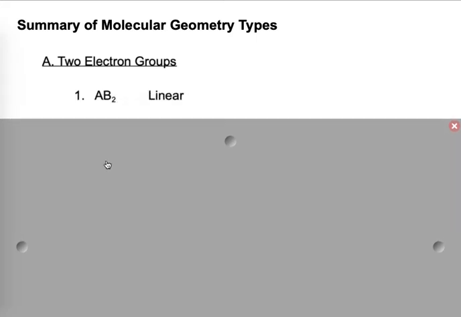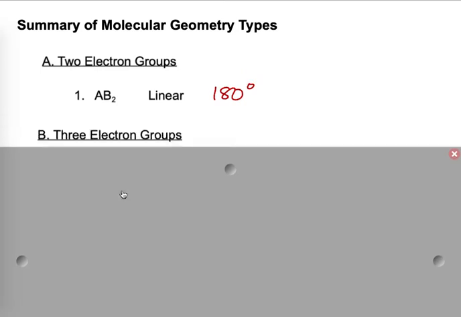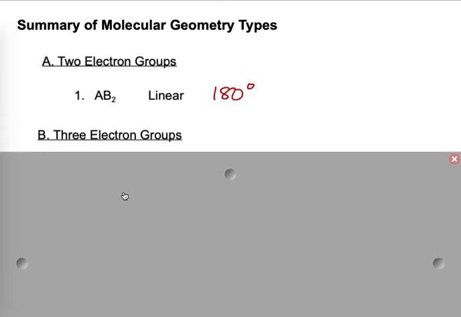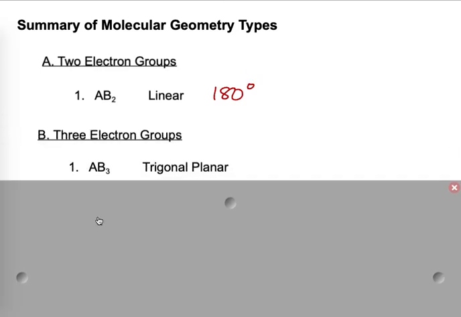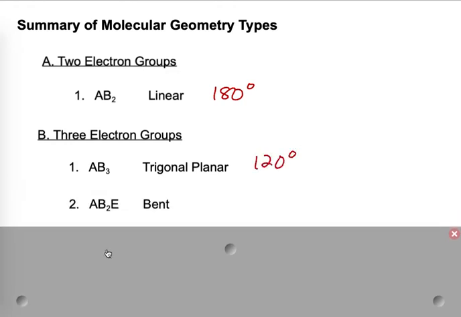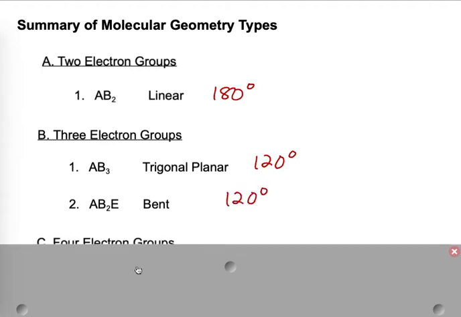Now, let's summarize. Here are our molecular geometry types. If I have 2 electron groups around the central atom, an AB2 type molecule, the geometry is linear and the bond angle is 180 degrees. If I have 3 electron groups around the central atom, there are 2 possibilities: AB3 trigonal planar with 120 degree angles, and AB2E bent, also 120 degree angles.